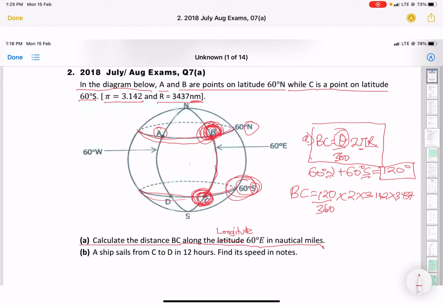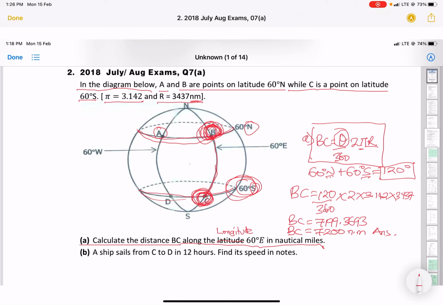So BC is equal to, when you plug this into the calculator, 7,199.3693. We can round that off, so BC is equal to 7,200 nautical miles. That is our answer.